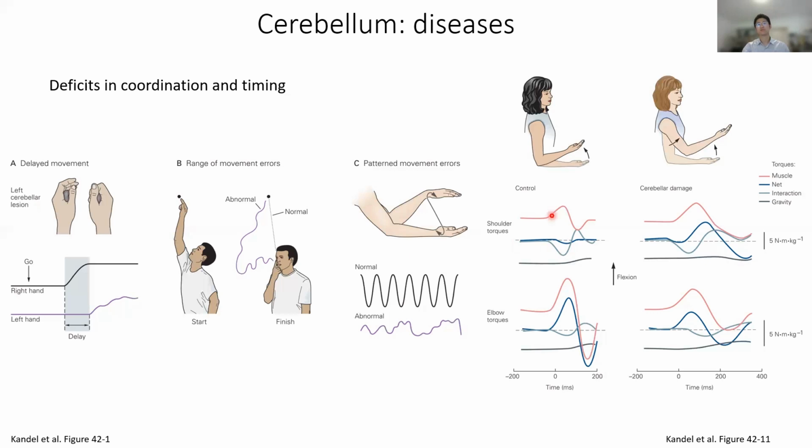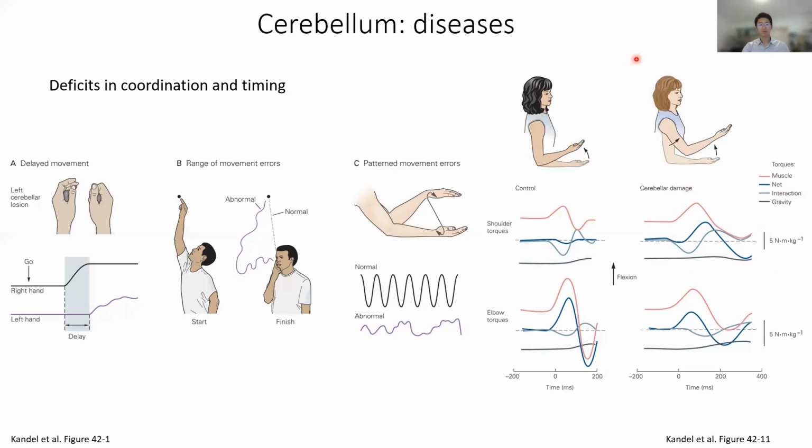You see they are almost opposite. But in cerebellar patients, the muscle torque generated is not able to compensate. They cannot produce the opposite shape of the interaction torque, and that's why they cannot stabilize the shoulder joint. So this is more at the torque level of the study of this disease.